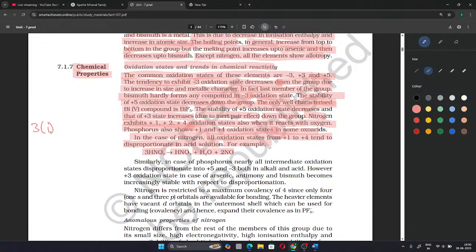Taking HNO2: 1 plus X plus 2 times minus 2 equals 0. So 1 plus X minus 4 equals 0, and X equals 4 minus 1, which is 3. Here the oxidation state is 3 for nitrogen.